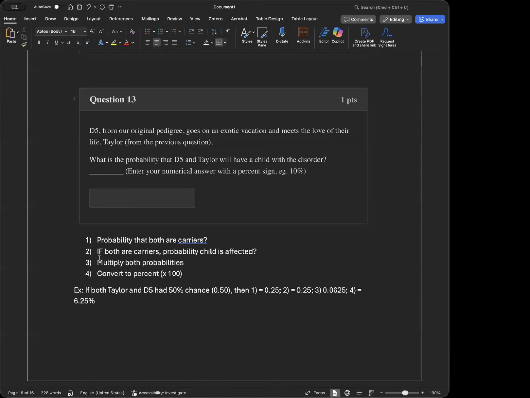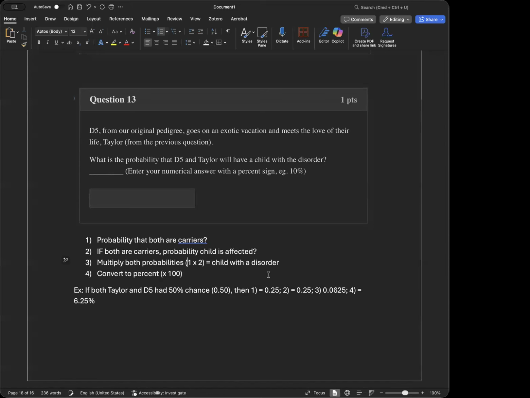And then we multiply both probabilities, as in the probability from 1 times the probability from 2, and that is equal to our probability of the child with a disorder. And then in order to get it into a percentage, we convert it by multiplying it by 100.